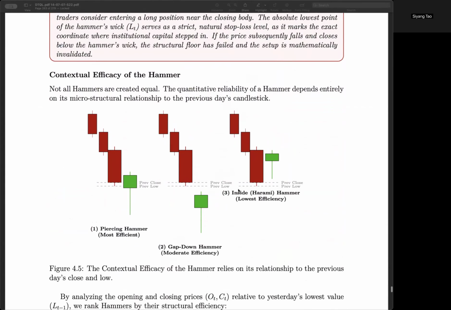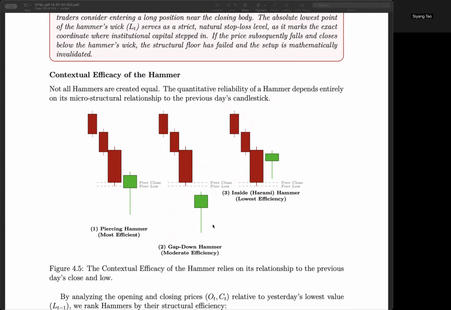Rank 3 is the Harami hammer. This is the weakest variation. Here, the hammer prints entirely inside the body of yesterday's candle. Because it fails to drop below yesterday's low, it never sweeps liquidity. It is merely a pause in volatility.